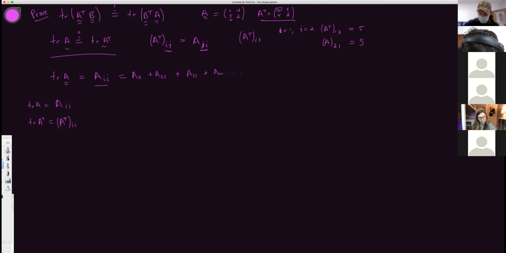That's what that is, because A transpose is a different matrix than A. Here's A and here's A transpose. So (A transpose)_ii is the trace. But if I want to take the trace of it, I have to switch the two indices. Well, they happen to be the same, so it's going to look exactly like that. And therefore, that's equal to trace A. So we just proved what we needed to prove.